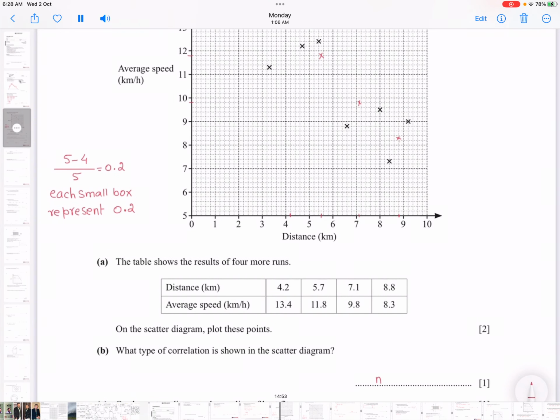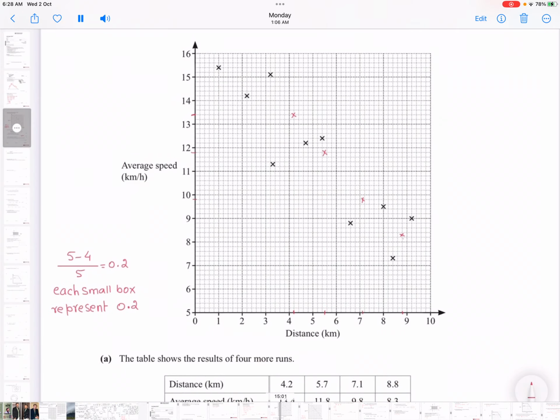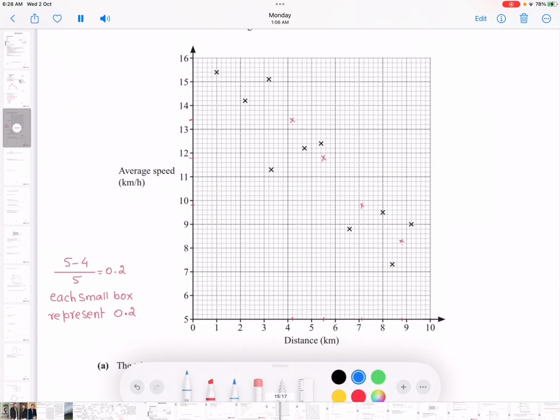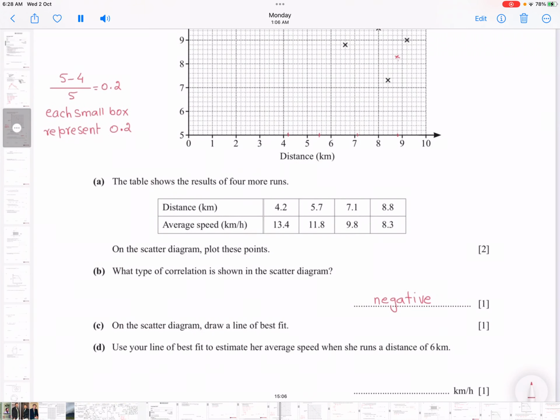So what type of correlation is shown? This is trending to the left side, from lower to higher values in the average speed. So you can write negative. On the scatter diagram, draw a line of best fit.